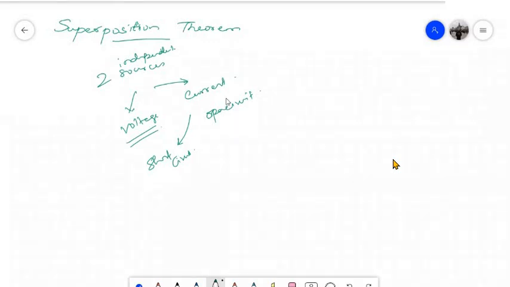So you'll be taking one source at a time, and then you will be either open circuiting or short circuiting the remaining sources depending on whether it is a voltage source or a current source. While considering the effect of individual sources, the other ideal voltage sources are either replaced by short circuit or open circuit, and then you will be finding the algebraic sum of the two responses. So this will be clear to you when I take up a particular example.